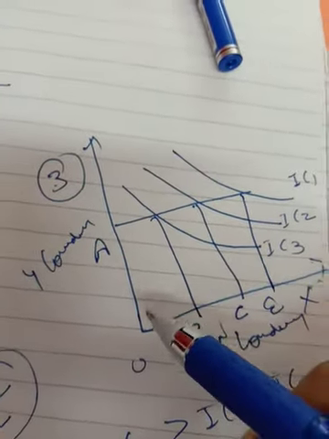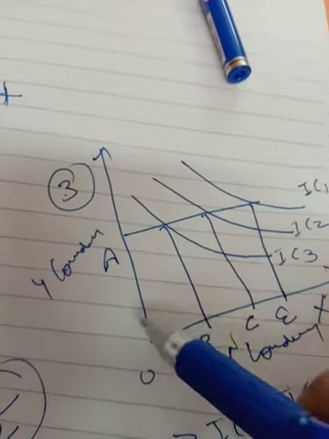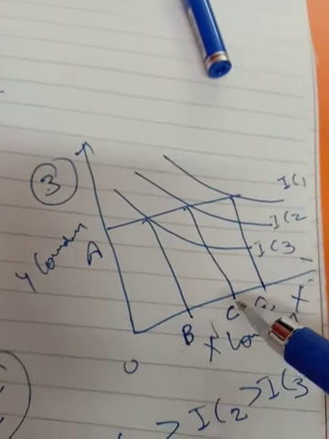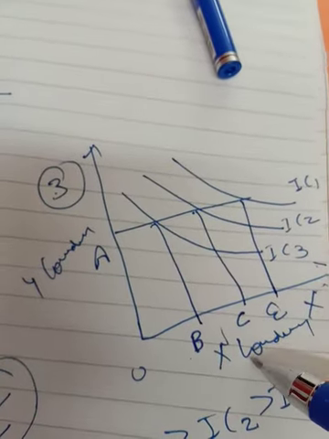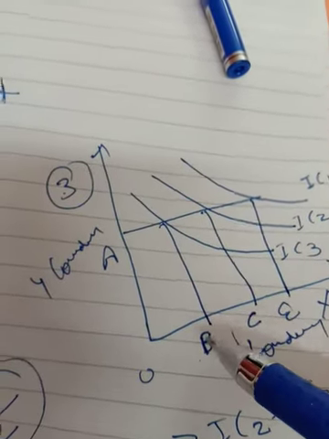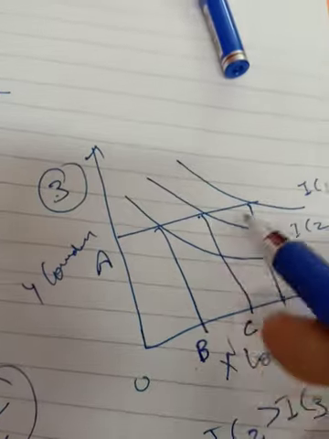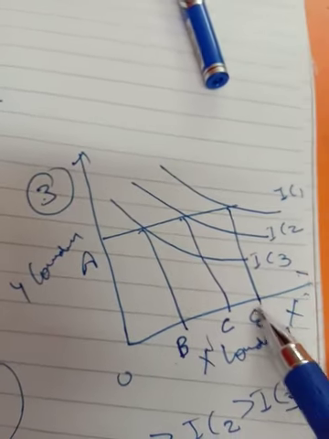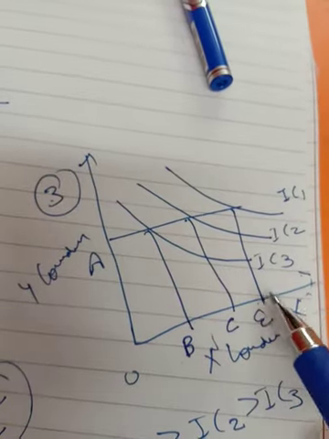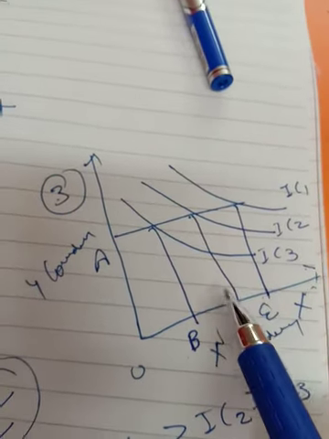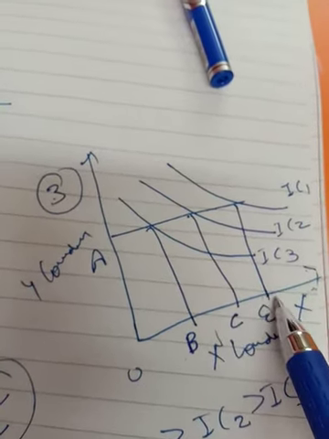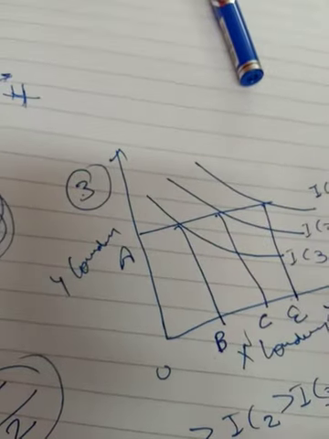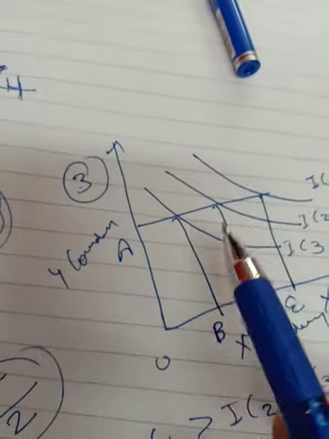So as you are seeing, the quantity of Y is constant for all the indifference curves, but the quantity of the other commodity, X commodity, goes on increasing. Which indifference curve has more quantity of X commodity? That is IC1. So IC1 has more of the commodity compared to the other indifference curves, which means this will give higher satisfaction to us because of the monotonic preference.